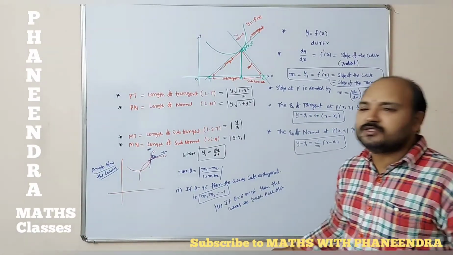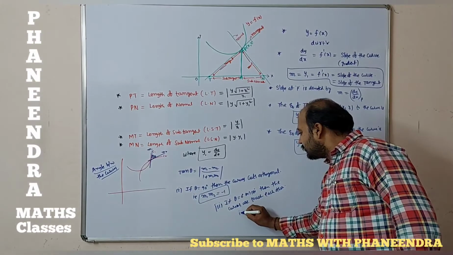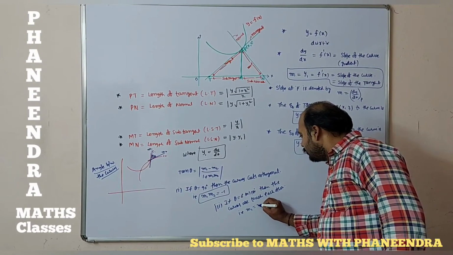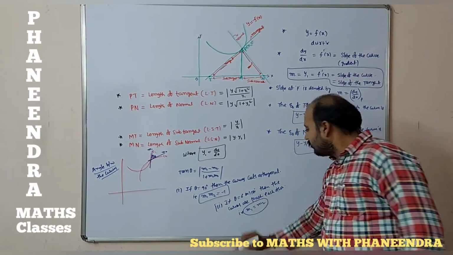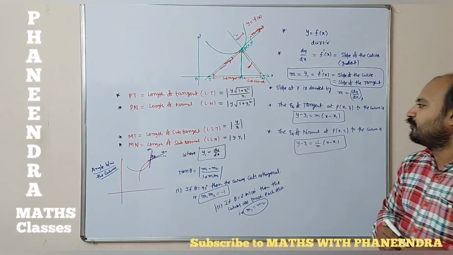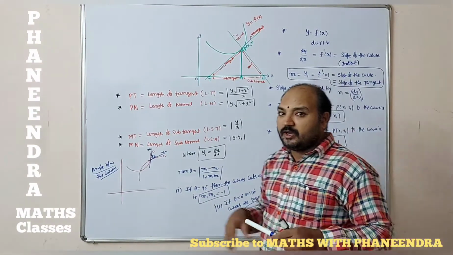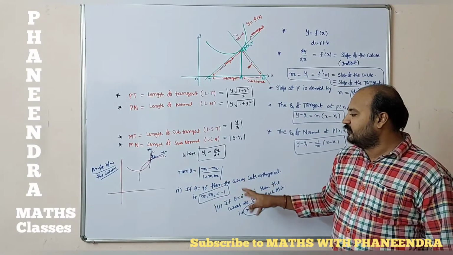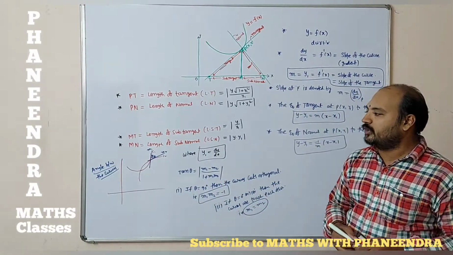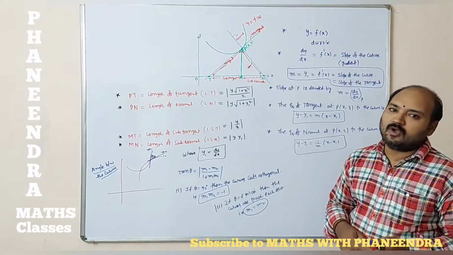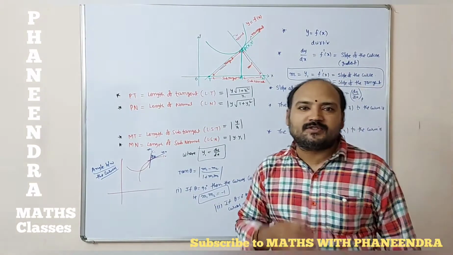Generally touch each other, we can say that. In this case, the condition is m1 equal to m2. What is the property of orthogonality? If the angle between them is a right angle, then we say that the curves are orthogonal. We will move on to the problems based on this.